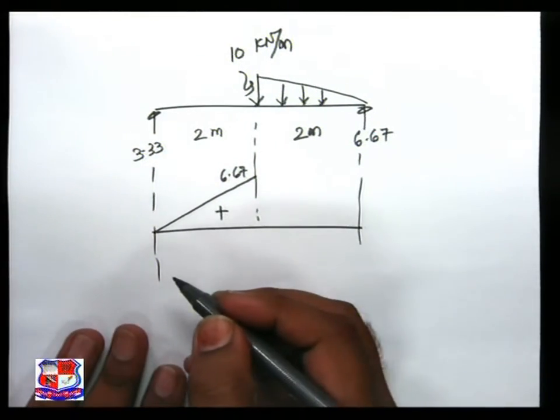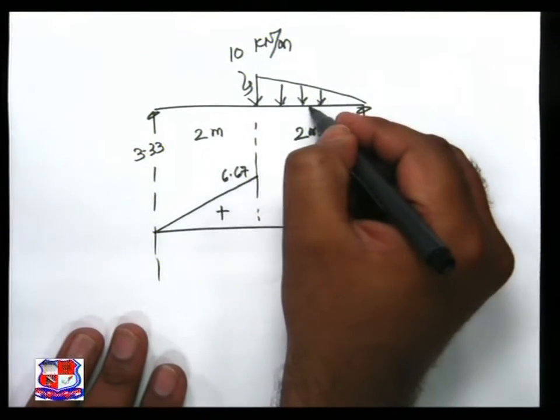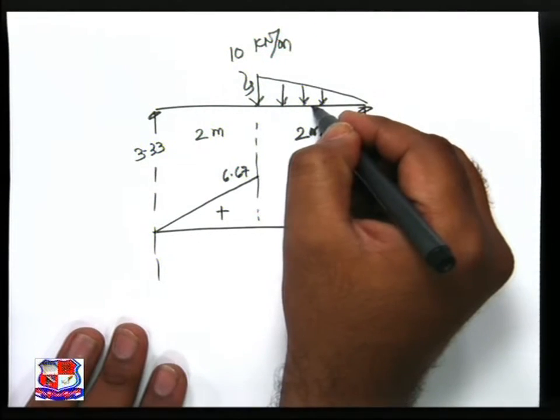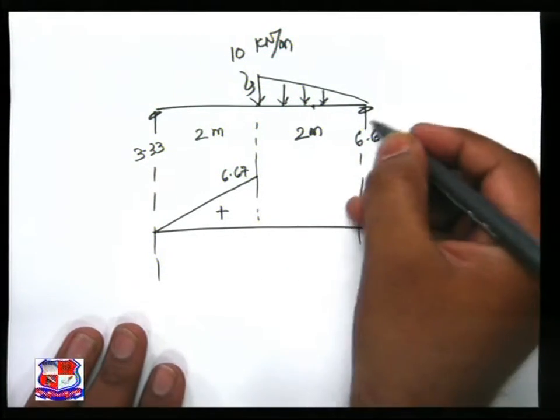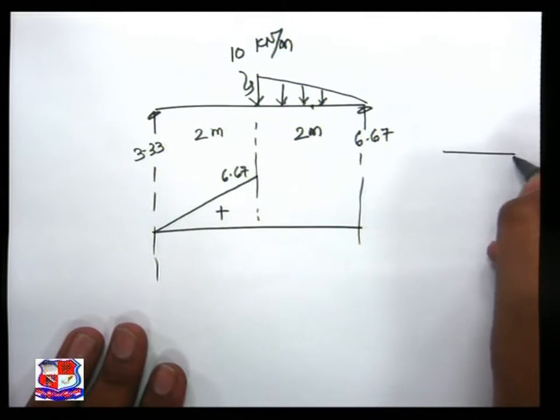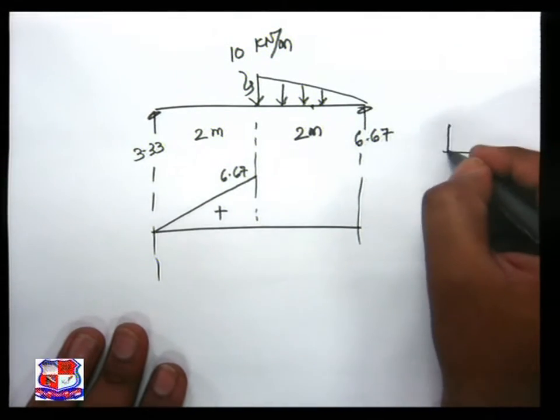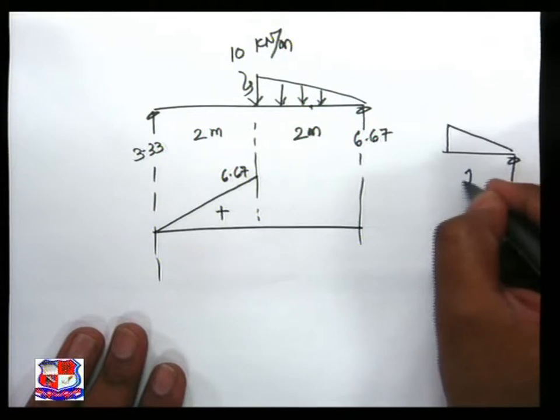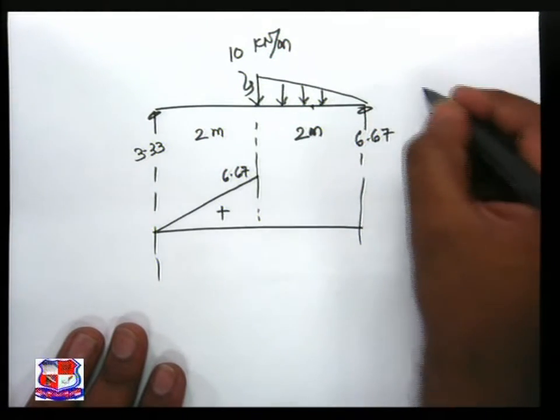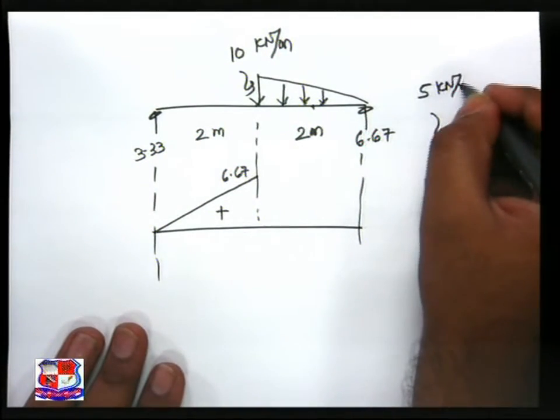So now let us find the value of the ordinate at 1 meter from the right side. At 1 meter, this is 5 kilonewton per meter.